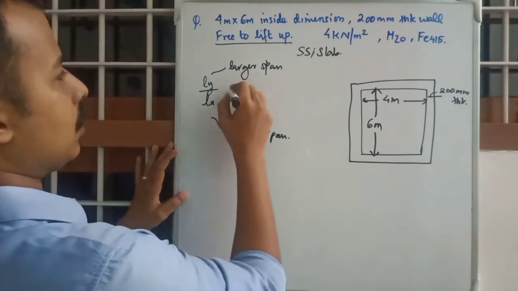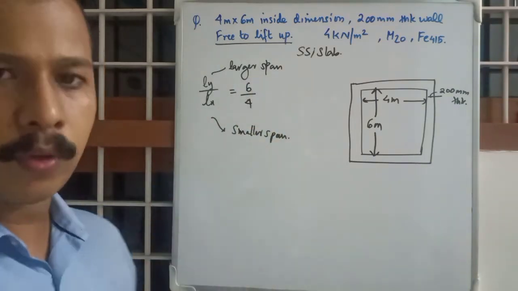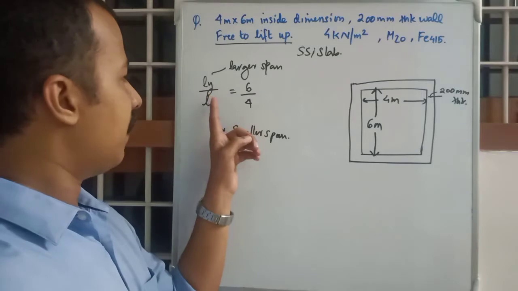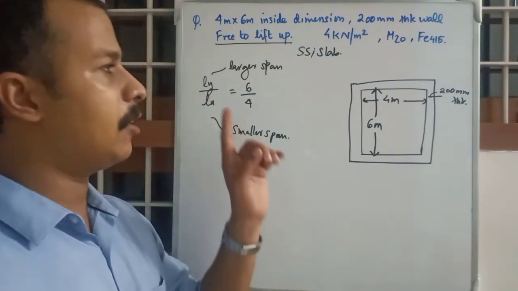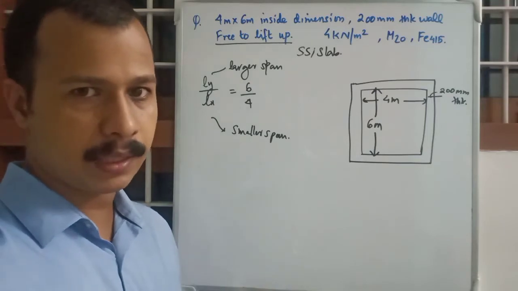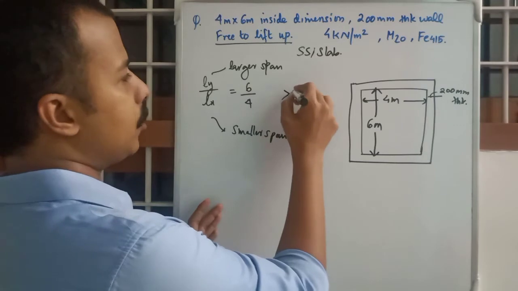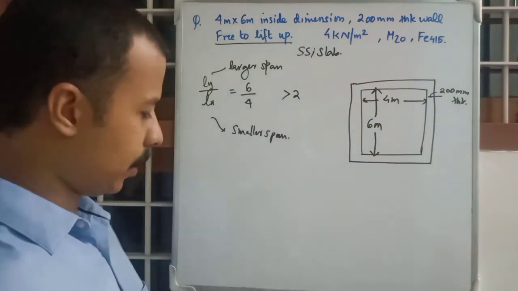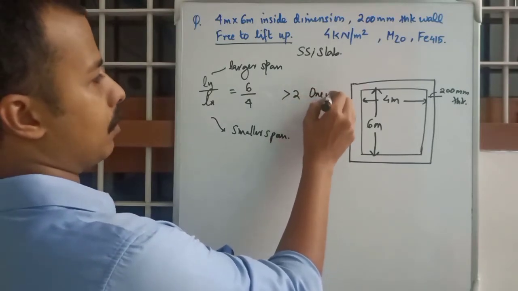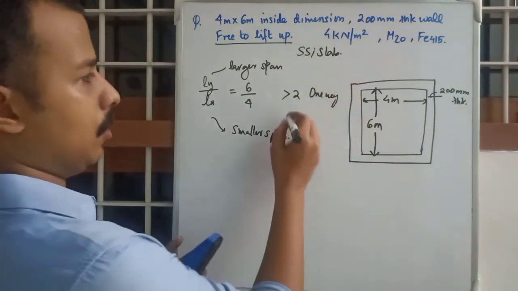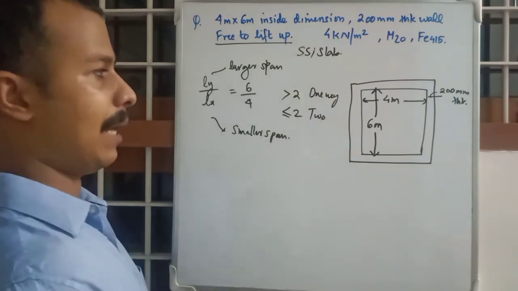In this case it is 6 by 4, and we know that if Ly by Lx is greater than 2, it is a one-way slab. We are determining whether it is greater than 2 or less than 2. If it is less than or equal to 2, it is a two-way slab.